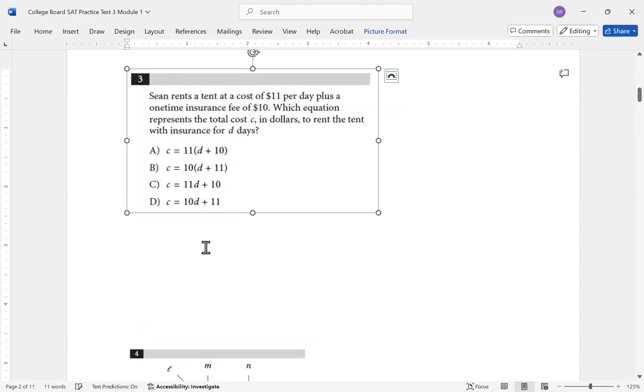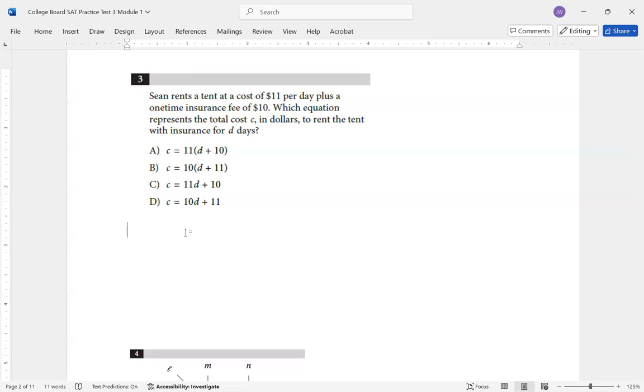Question 3. Sean rents a tent at a cost of $11 per day plus a one-time insurance fee of $10. What equation represents the total cost to rent the tent with insurance for D days? So here's the deal. The total cost is going to ask us for writing the cost as C. Well, $11 per day means 11 times the number of days that Sean rents the tent.